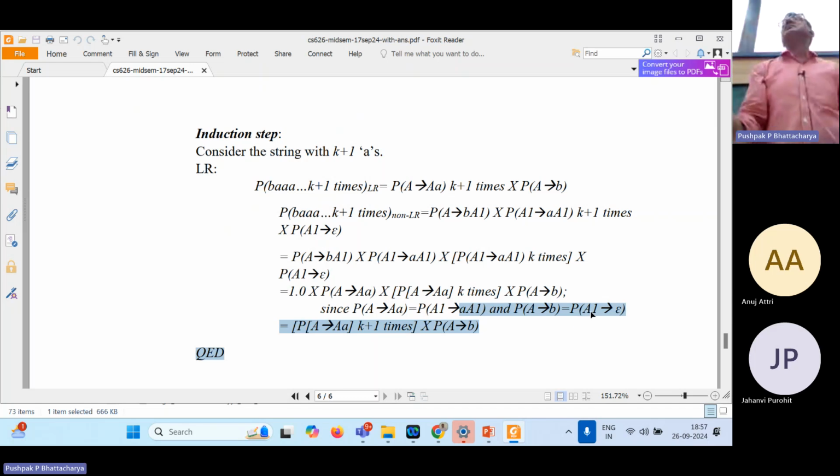Just look at the derivation, please. Instead of my telling it, if you look at the derivation, it's quite clear. Why insist on induction? Many proofs involving machine learning require induction. I wanted to see if you people are comfortable with induction.